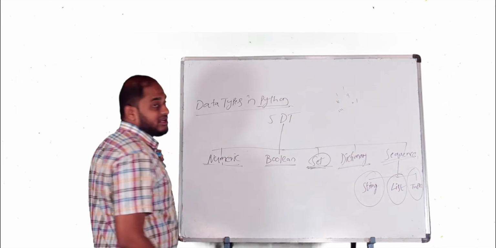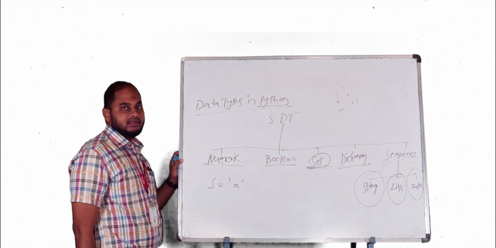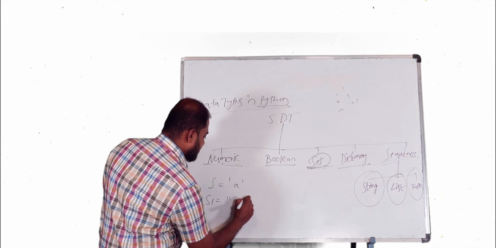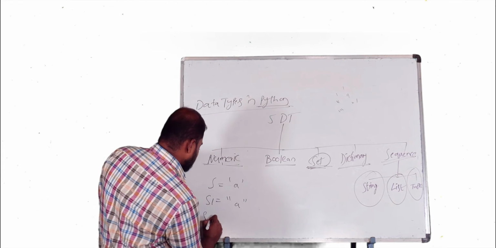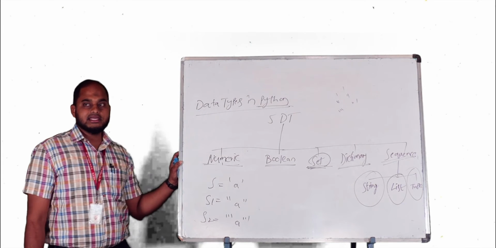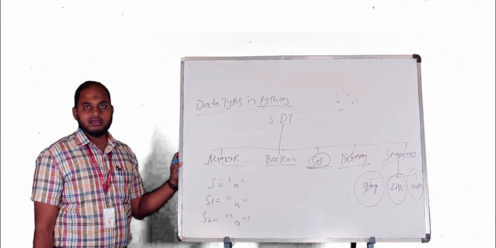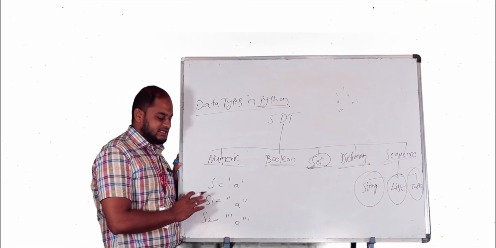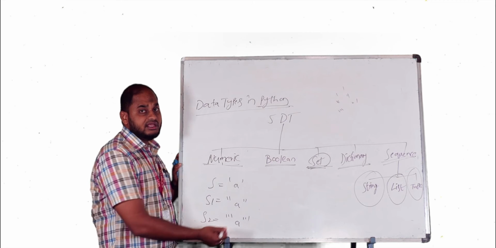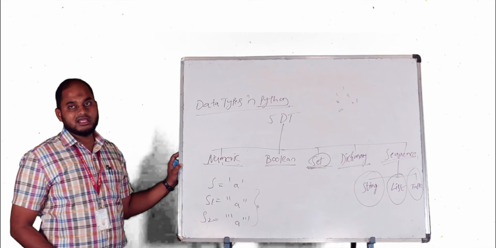I have declared a variable S, S is equal to 'A'. Similarly, S1 is equal to double quotes A, and S2 is equal to triple quotes A. You can see all are the same. Only the variables are changing, S, S1, S2, but the value assigned is A in all of them. This is the functionality we use for strings under data types in Python programming.